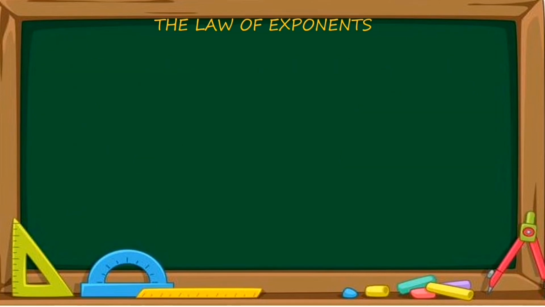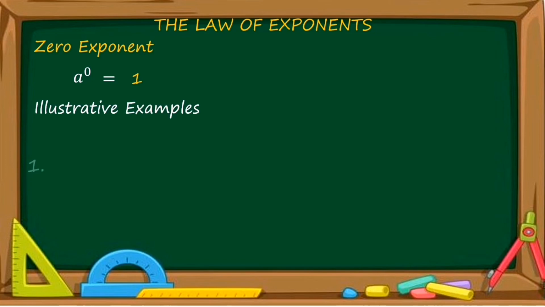Now, let us discuss the different laws of exponents. First, zero exponent. A raised to 0 is equal to 1. This means that any expression raised to 0, the value is 1. Illustrative examples. Number 1. 7 raised to 0 is equal to 1.